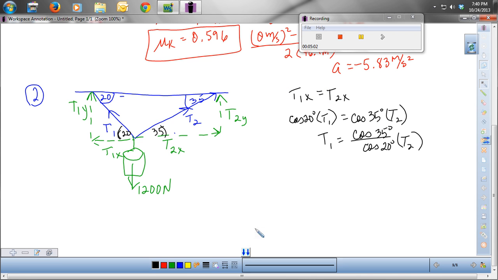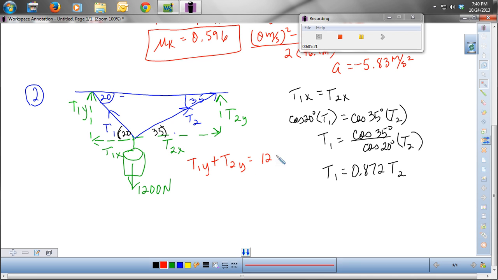And when I did cosine of 35 divided by cosine of 20, I got 0.872. So T1 is equal to 0.872 T2.